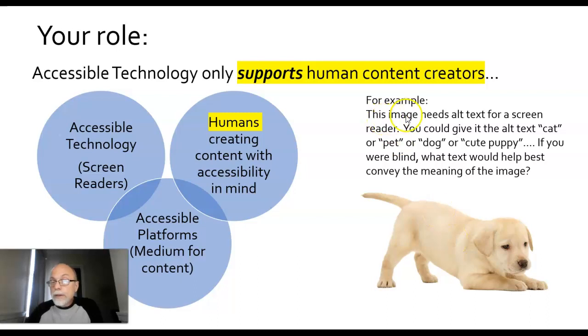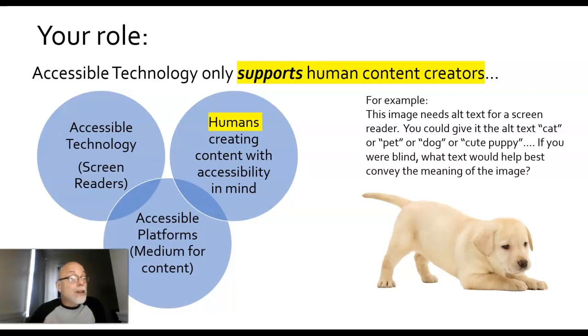So this image needs alt text, alternative text for a screen reader. You could give it alt text of cat or lizard, and that would be wrong. You could give it alternate text of pet or dog or cute puppy.